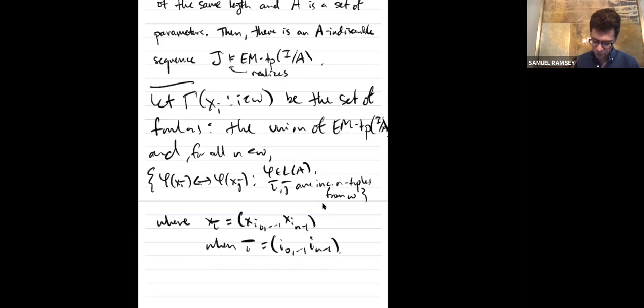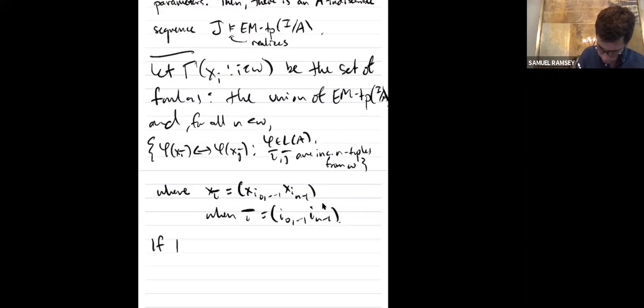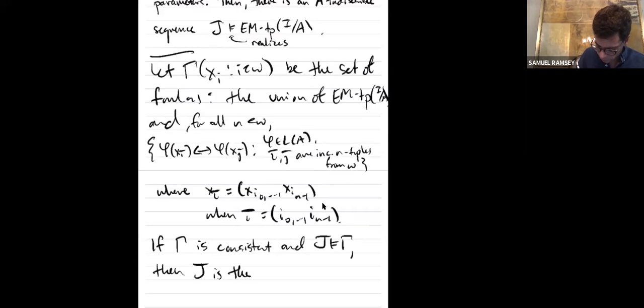Now, the thing to observe is that if gamma is consistent and J realizes gamma, then J is the indiscernible sequence we're looking for. Why? Well, for one thing, gamma includes the EM type. So of course, if I realize gamma, then I automatically satisfy the correct EM type.